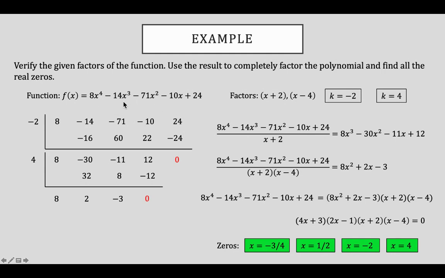Remember, you're taking a polynomial and you are dividing it by a divisor that is in the form of x minus k. All right, our first divisor was x plus 2, and our second divisor, x minus k, was x minus 4. There we have it, finding our zeros by factoring via synthetic division.